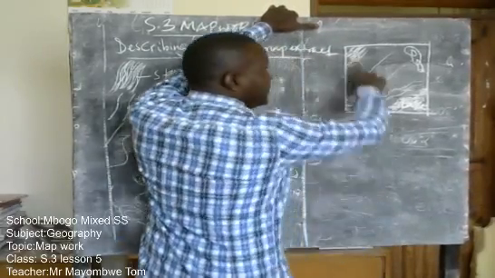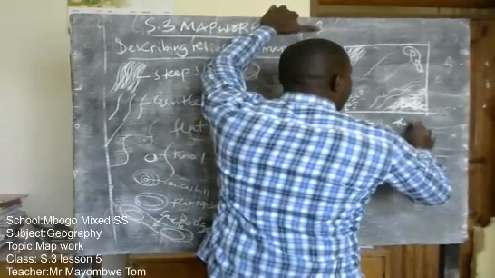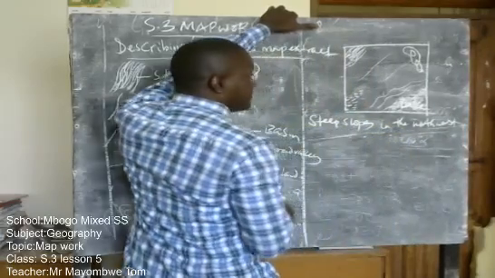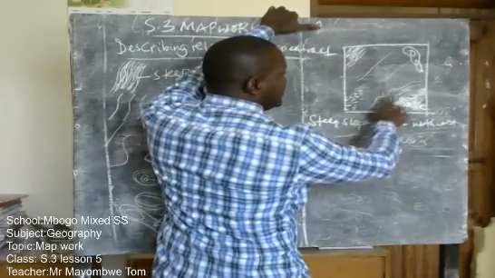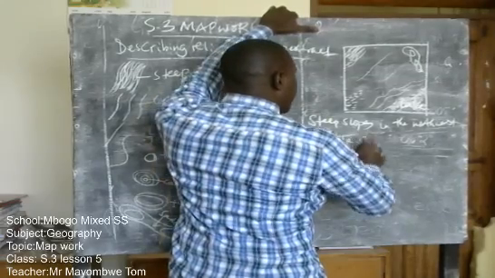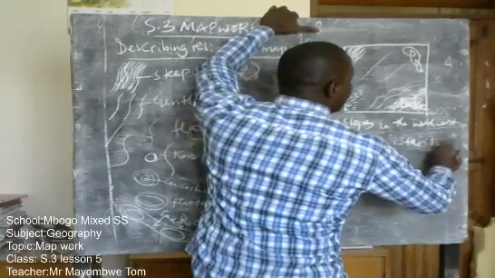Where are they located? In the northwest. What are these? Gentle slopes. Where? In the southeast.